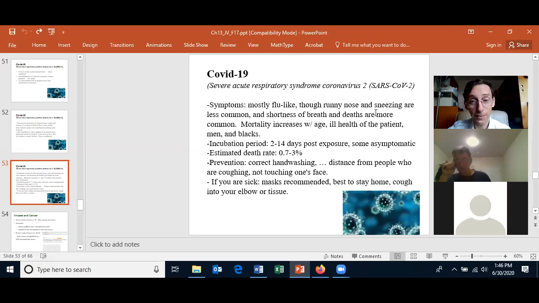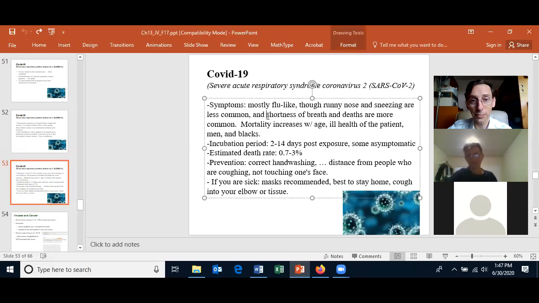They do happen with COVID-19, but they're just less common. Another one that's more common with COVID-19 is that people frequently have shortness of breath, and that's because COVID-19 is hitting the lower respiratory system, and the flu doesn't typically cause shortness of breath. So that's more common in COVID-19.